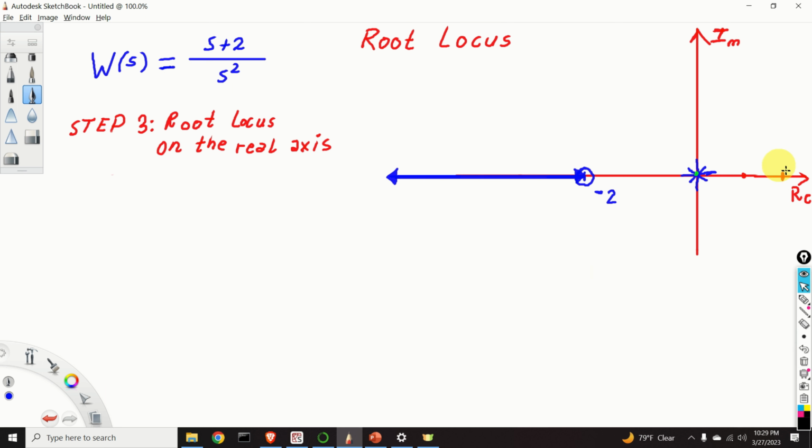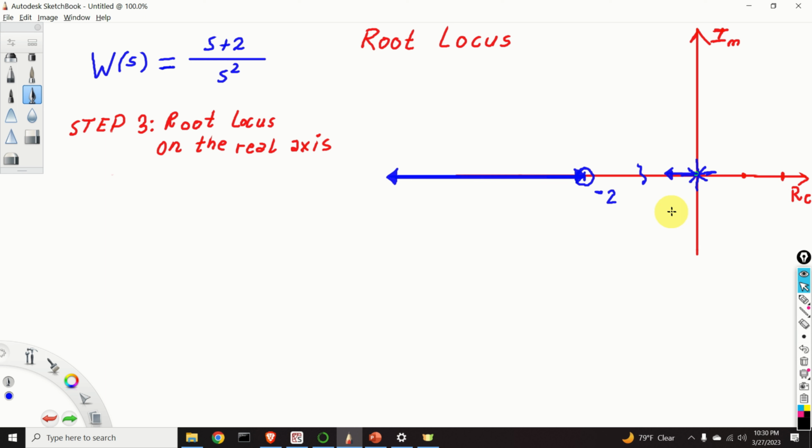First of all, we know that our root locus will start from here. It cannot go directly on the real axis to the left side, because we know that this part over here does not belong to the root locus.